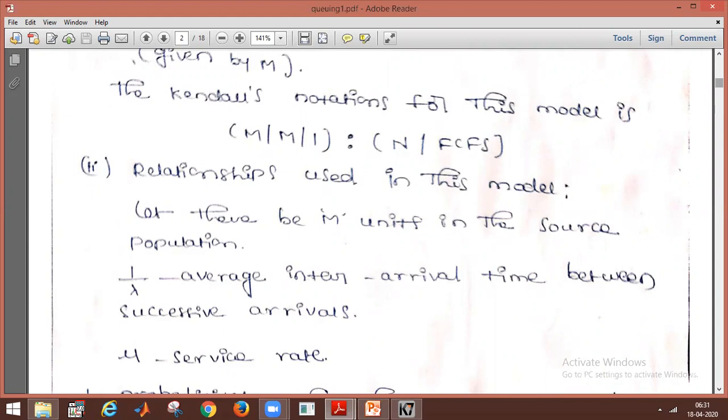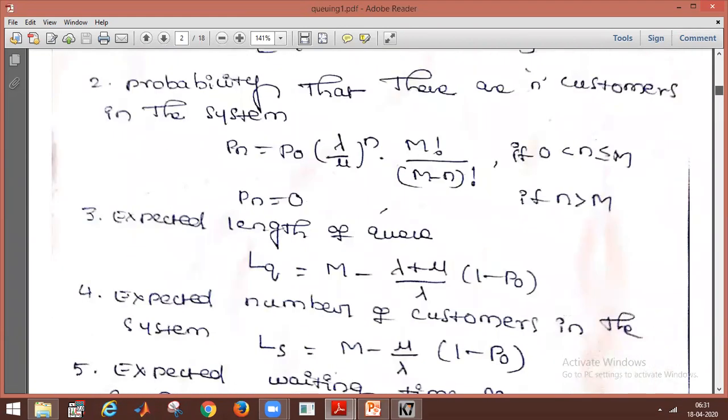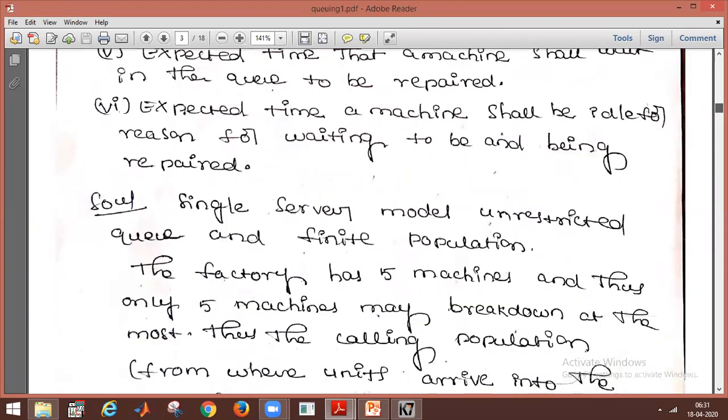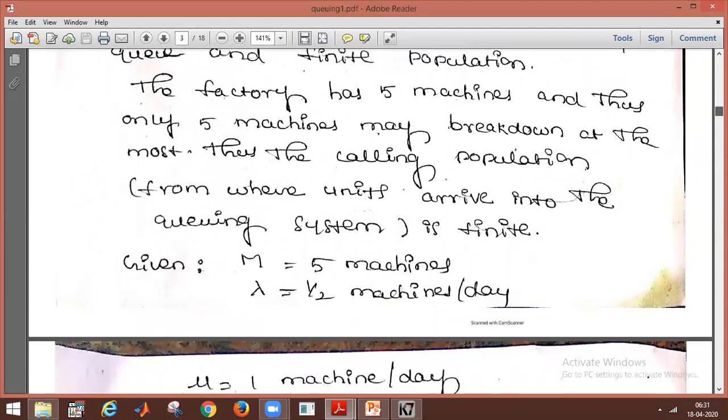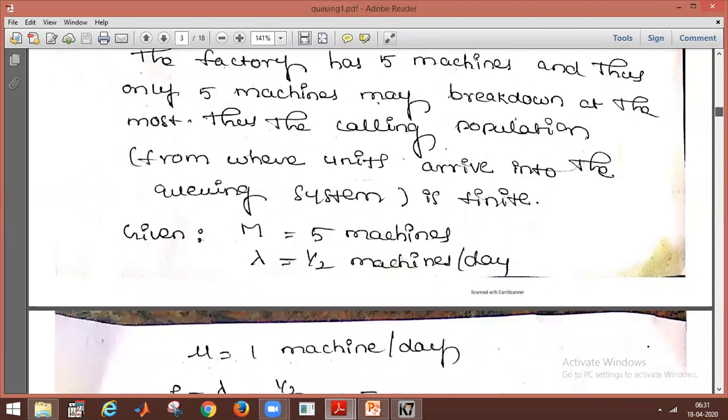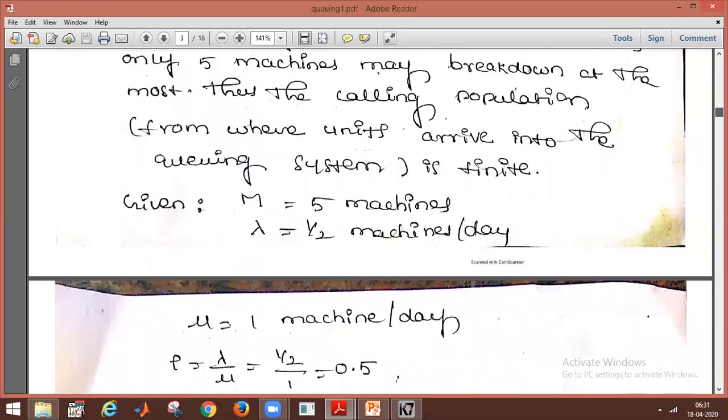Here 5 machines are the source, and lambda means per day 2, that is 1 by 2 machines, and mu is 1 machine, that is mu is equal to 1.